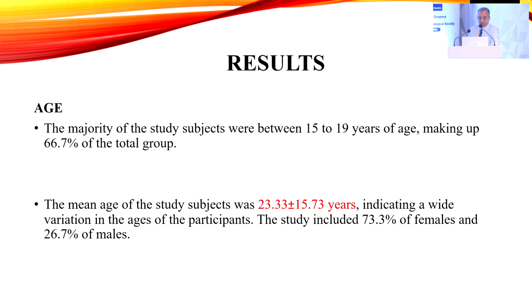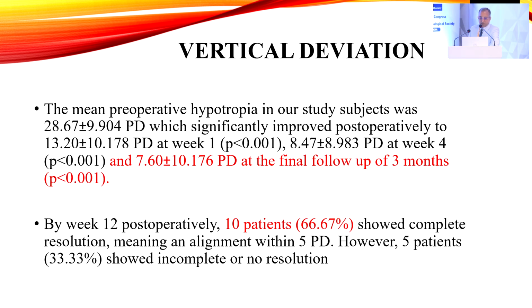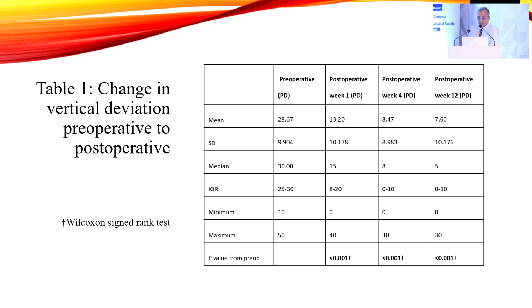The majority of the patients were 15 to 19 years of age, and the mean preoperative hypertropia in our study was 28.67, and by 12 weeks post-operatively, we were able to achieve success in 10 patients.